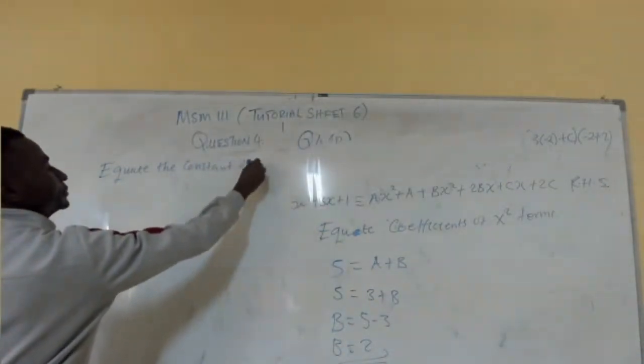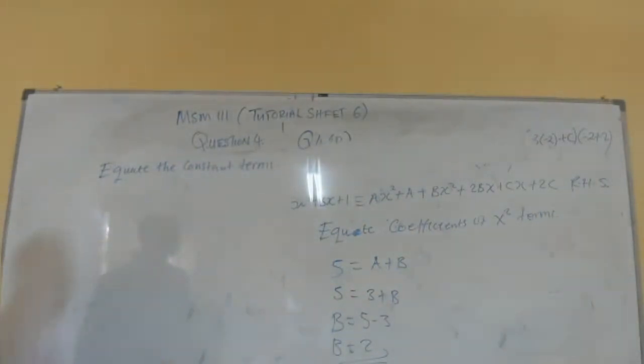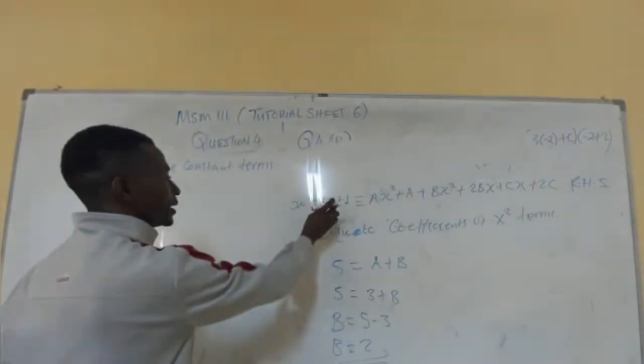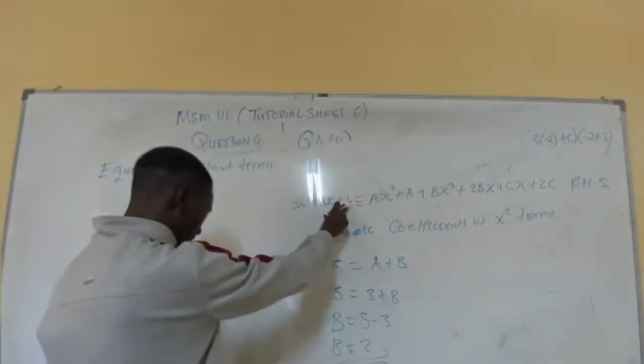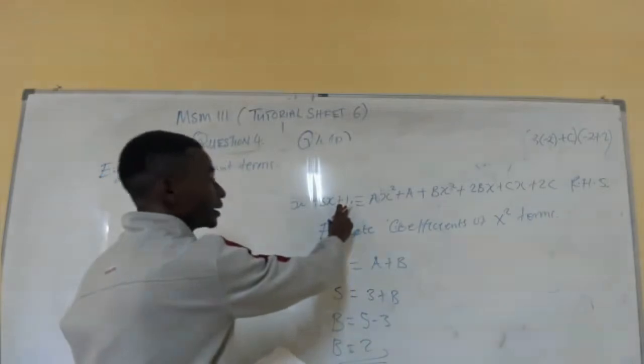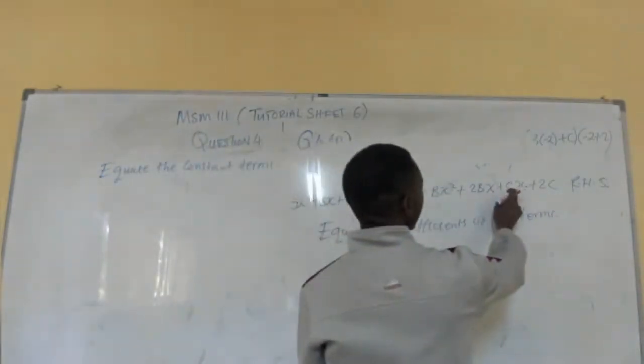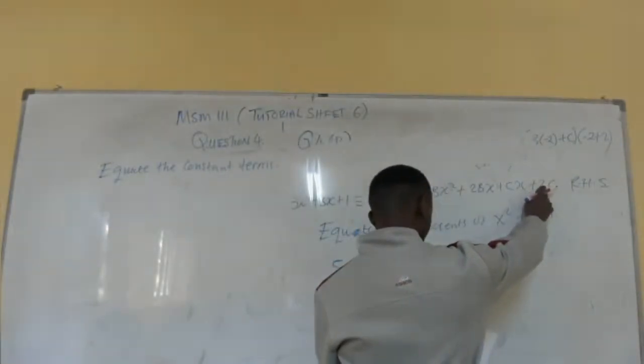Here our constant on the left is 1. On the right, a is our constant and 2c is our constant.